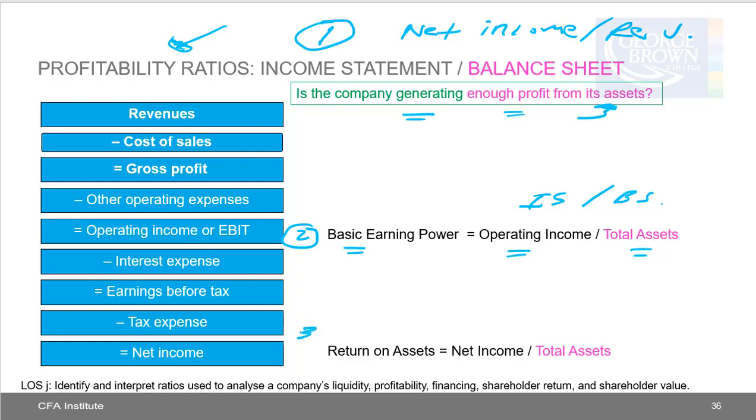And finally, the third ratio that we are looking at for this learning outcome statement regarding profitability ratios is return on assets, and that's a fairly easy one. It's net income from the income statement divided by total assets, and that gives us our ROA, return on assets.